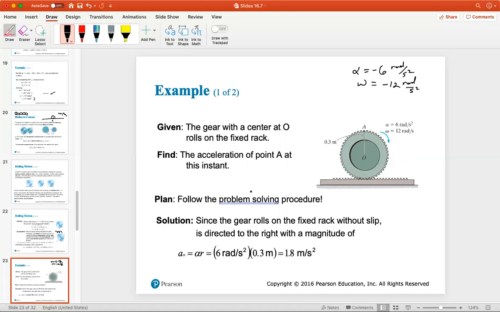The goal in this problem is to find the acceleration of the point at the top of the wheel. Now, they did this in two steps, or in a different way than what I did.